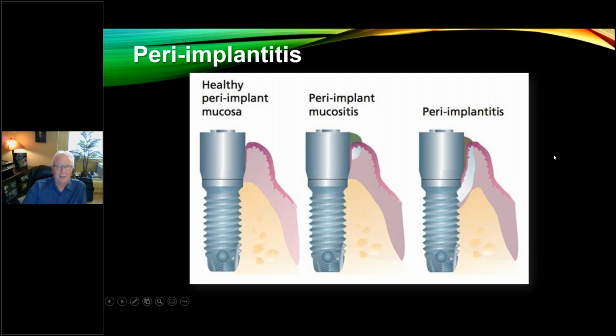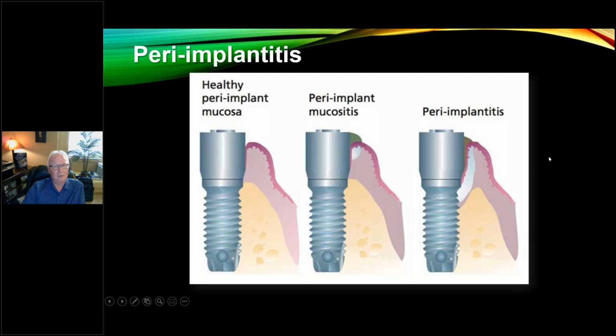One of the things that I have had to educate myself in, because I never placed implants. I was to go into a program with an understudy of Brånemark's at the University of Toronto, and I decided to heck with it. It was going to take too long in Toronto, so I came down to Texas to do my graduate work. So I never got to place implants.